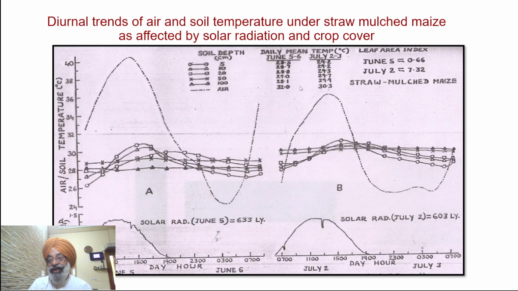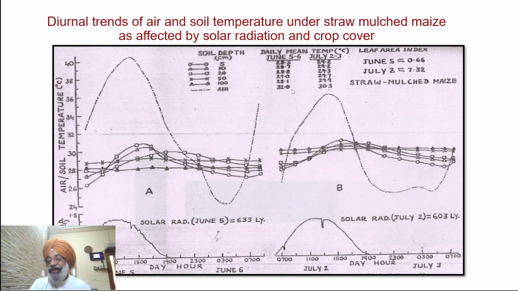And what happened over here is that the difference between maximum and minimum temperatures, which was earlier 9.5 degrees centigrade at 5 centimeter on June 5th and 6th, considerably reduced to 2.7 degrees centigrade on the July 2nd and 3rd cycle.